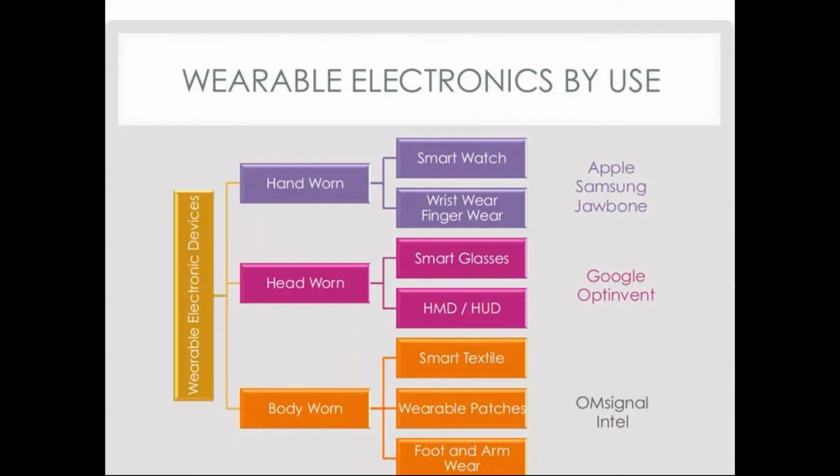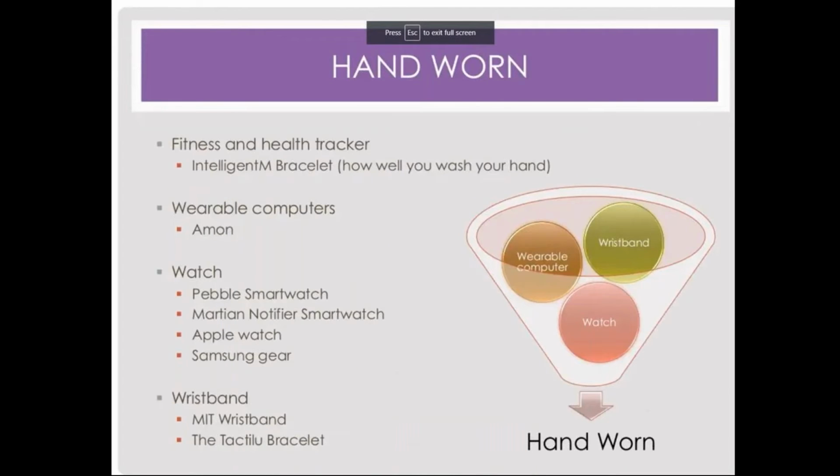Now let us elaborate a bit more on these particular devices. When I'm talking about hand worn devices, I have told you there is a smart bracelet available. What are the applications? Nowadays, with the COVID-19 pandemic, even washing your hands is a very important step for the safety of your health.